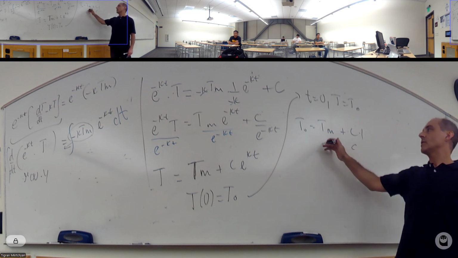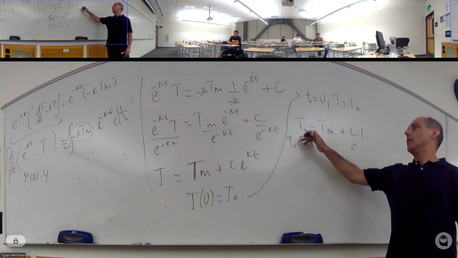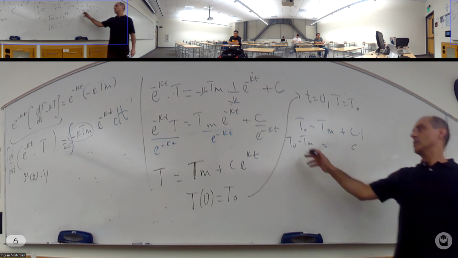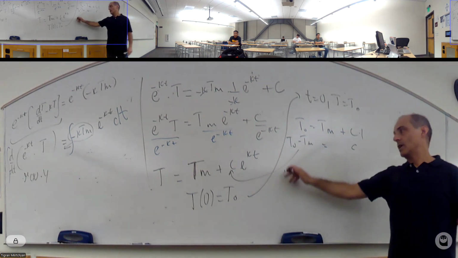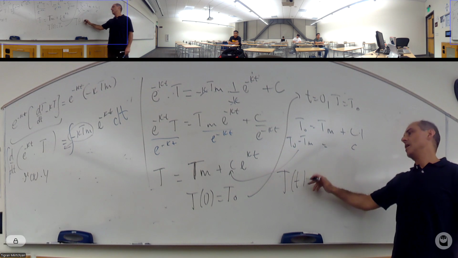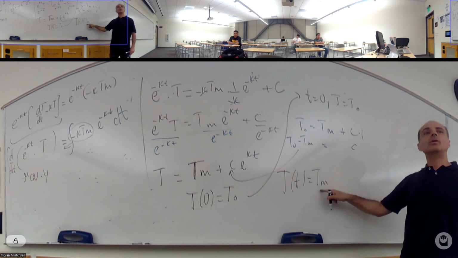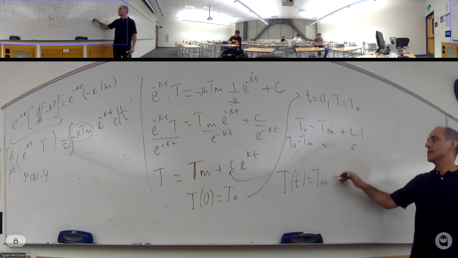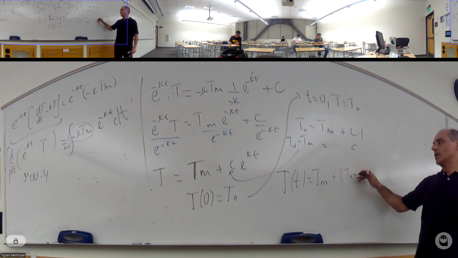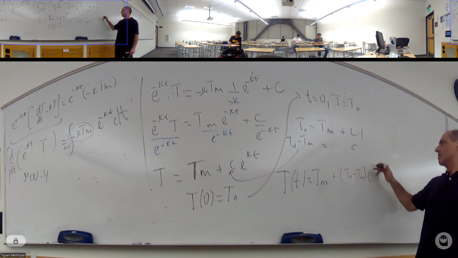So then C will be T0 minus Tm. I'll replace it there. So the temperature at time t will be the room temperature plus T0, the initial temperature, minus the room temperature, times e to the Kt.